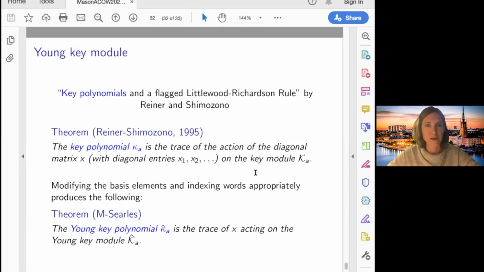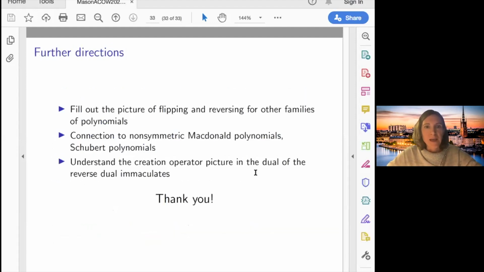And I guess with that, I'll just mention a few future directions. One goal that we have is to look at what happens when we do this flipping and reversing for other families of polynomials and see if we find something nice, such as this left key generating function. We also want to look at non-symmetric Macdonald polynomials and Schubert polynomials in particular.